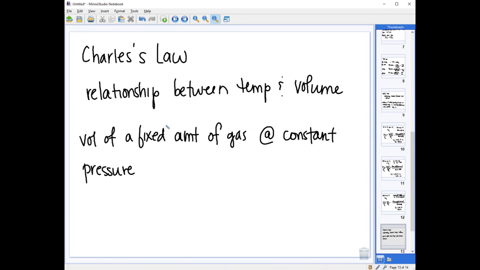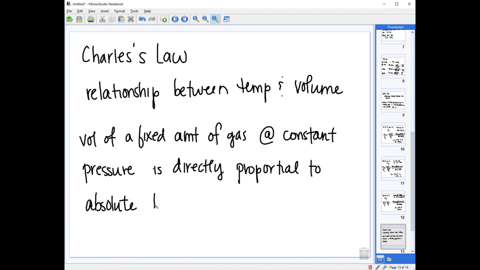And so the volume and temperature are the two we're looking at. So the volume of a fixed amount of gas at constant pressure is directly proportional to absolute temperature. That's a key word here.